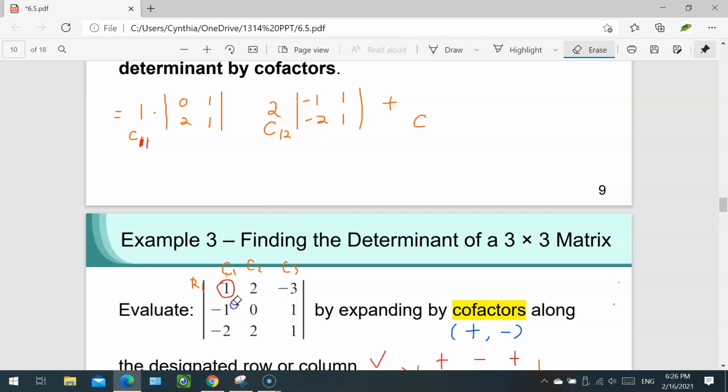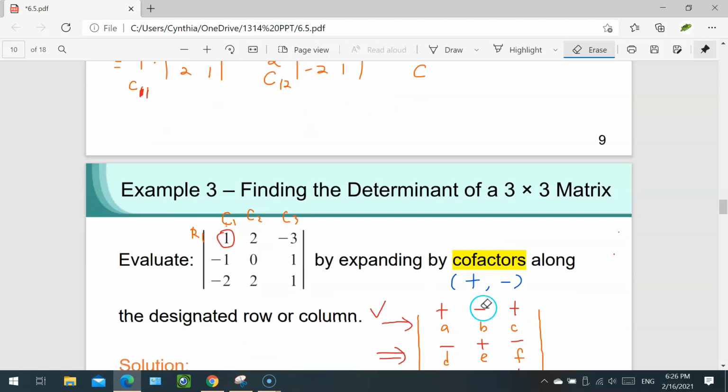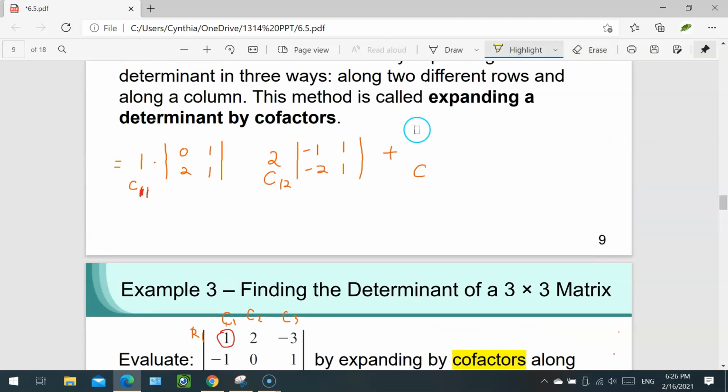When I move on to the next element 2, keep in mind the template of the cofactor. On the row 1, column 2, you should carry the negative sign. So I'm going to write down the minus sign here.